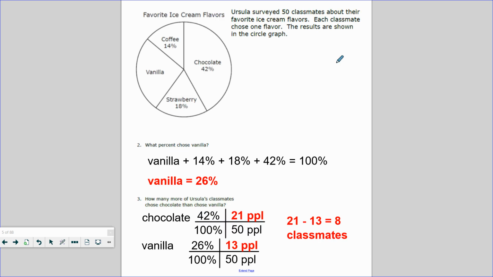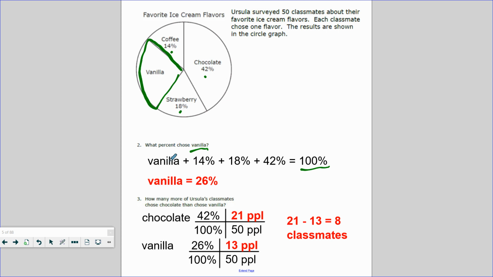Number 2, this is a circle graph. A circle graph adds up to 100%. Ursula surveyed 50 classmates about their favorite ice cream flavor. Each classmate chose one flavor. Results are shown in the circle graph. What percent chose vanilla? They left this off. No worries. We know that this adds up to 100%. 14% plus 42% plus 18% adds up to a number.